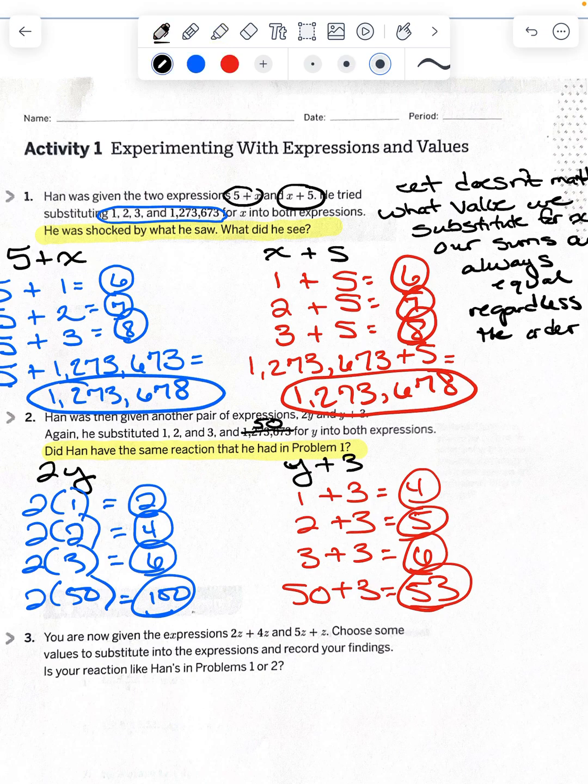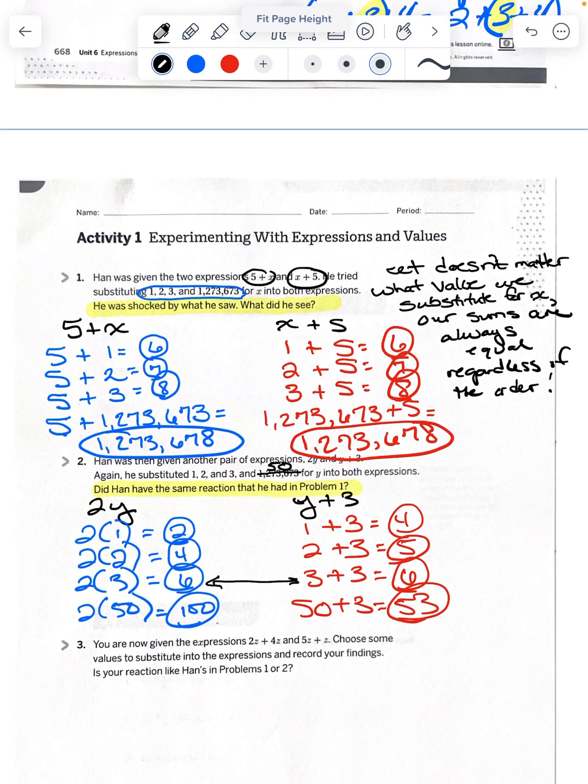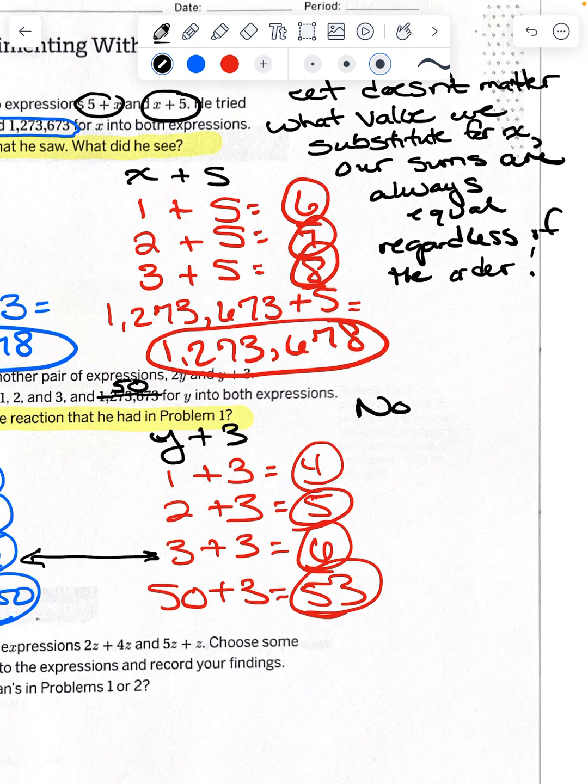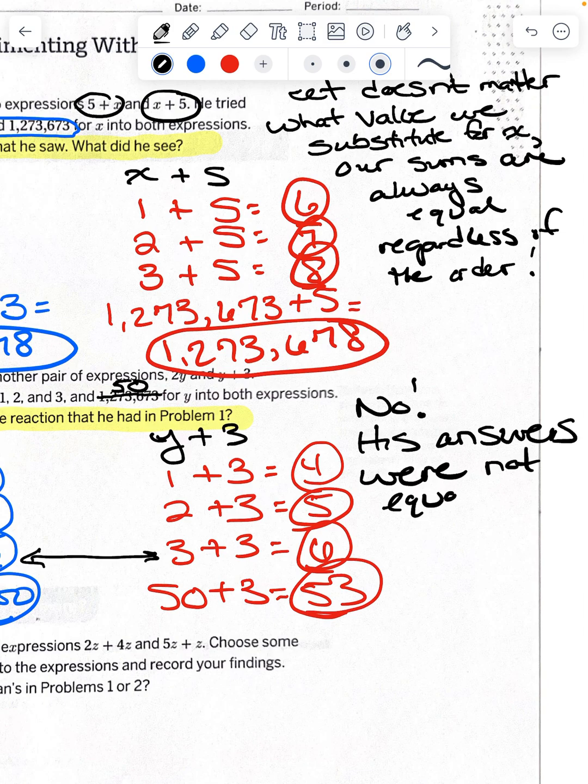Well, obviously not, right? We did not get the same answers. We only got one that was the same here, okay? So out here, we're going to put no. All right, his answers were not equal like they were in number 1.